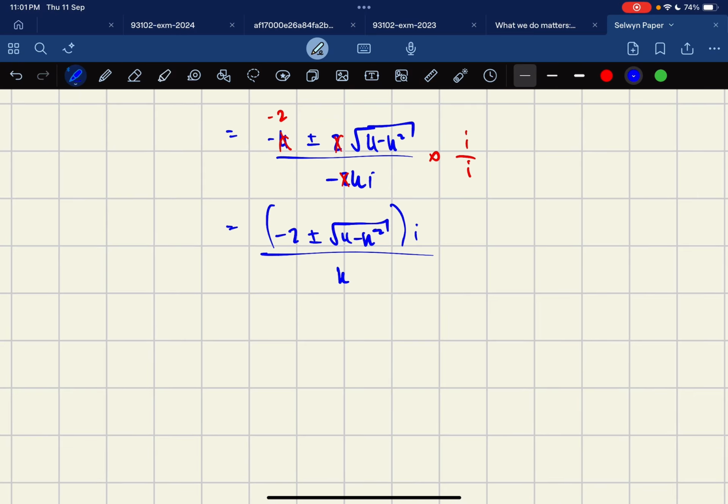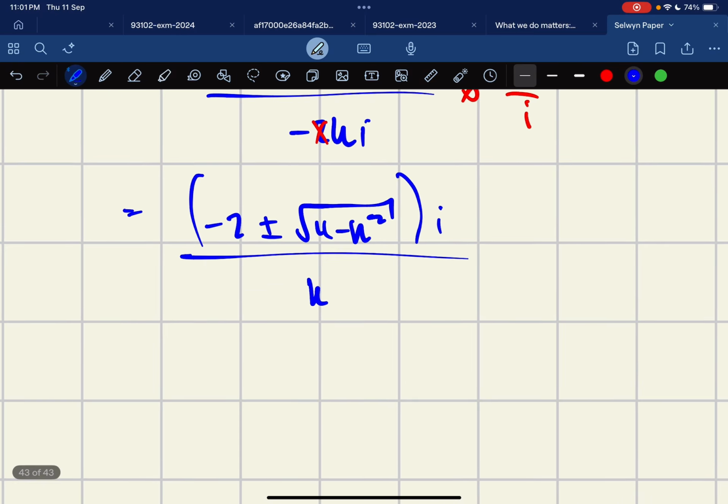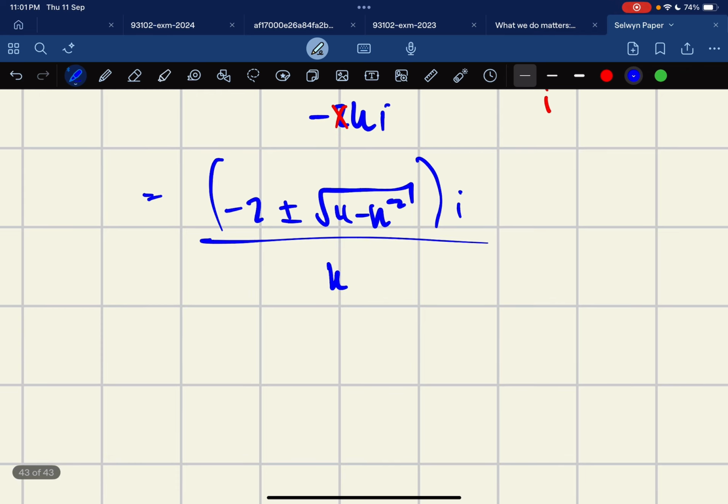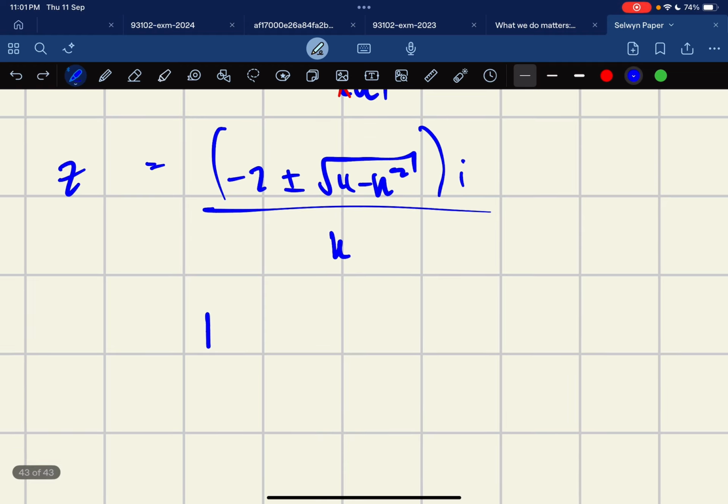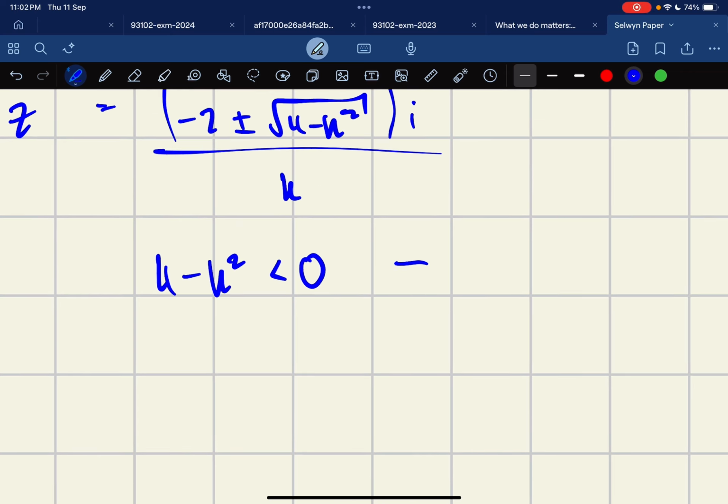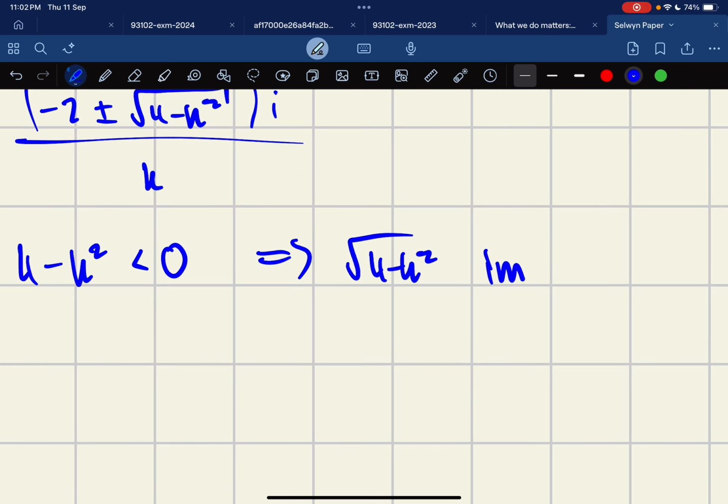And you can see that, well, we want this to be purely imaginary. So z is equal to this, and we want this to be purely imaginary. You would think that because the i is multiplied by all of this, all of this is purely imaginary. But if what you're square rooting inside here is negative, in other words, if 4 minus k squared is less than 0, then the square root of 4 minus k squared is going to be imaginary.